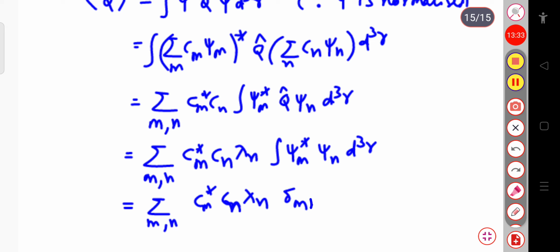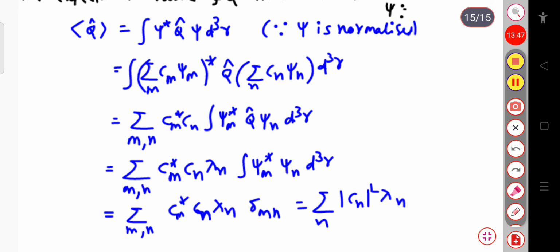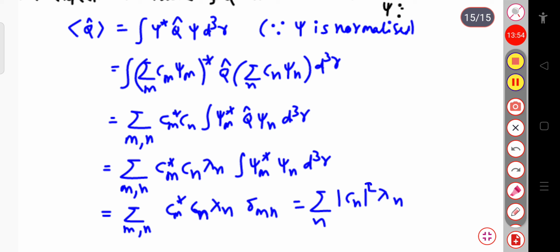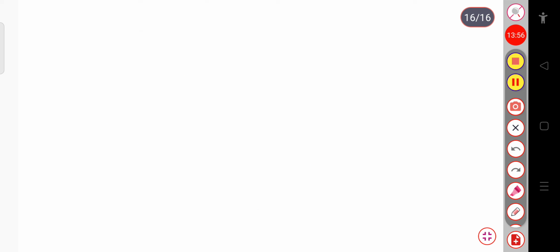So when m equals n, simply we can write this equal to the sum over n of modulus of Cn square lambda n. Here you can see the expectation value of the operator q cap will be equal to modulus of Cn square into lambda n. Okay. So the next significance we will see is the closure relation.